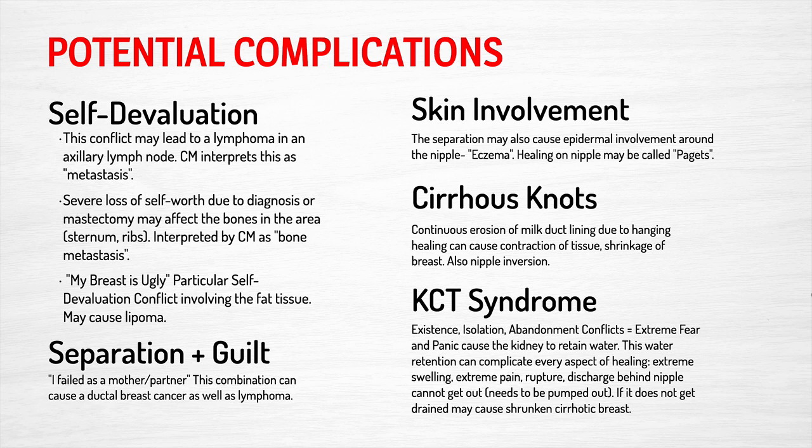And so the fluid can't get out, and it stays back behind there. Dr. Hammer actually suggests, if this is the case, to use a breast pump to pull the fluid out so it does not get stuck behind in the breast, because if it doesn't get drained, it may cause a shrunken cirrhotic breast after the fact.